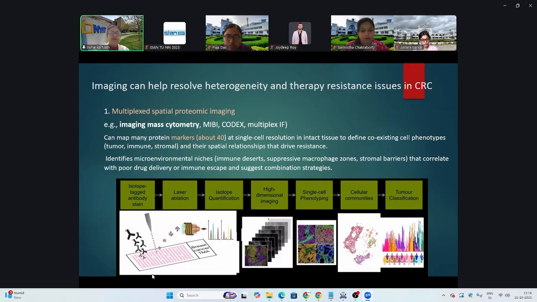One is big words here: multiplex spatial proteomic imaging. Wow. The example that I understand is imaging mass cytometry. The other names I do not understand. There are all kinds of modern ways of imaging.